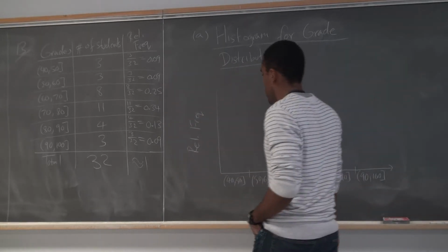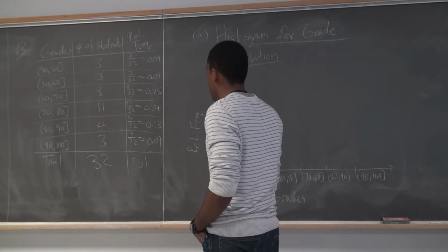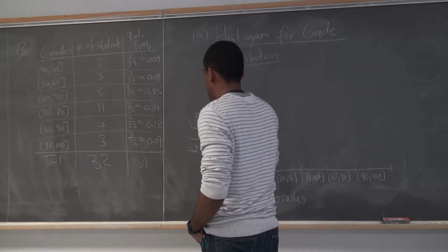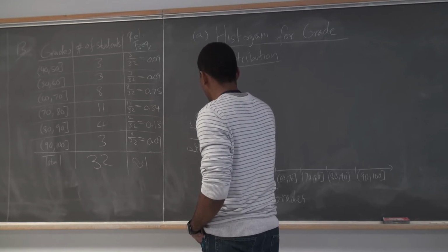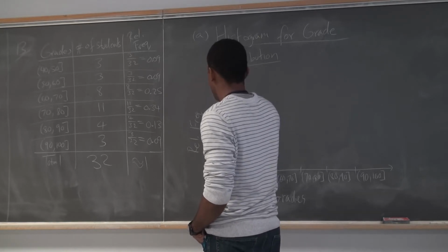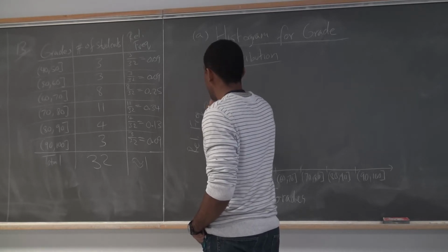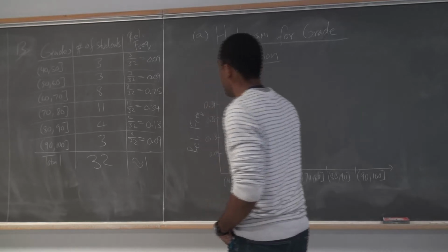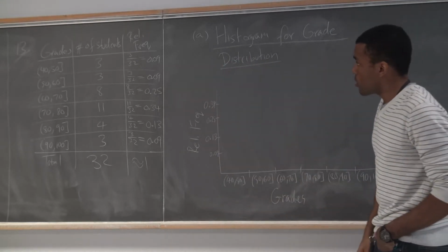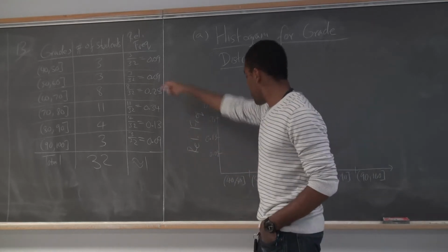So the first one is going to be like 0.09. Then you will have 0.13. Then you will have 0.25. Then you'll have 0.34. So in the 40 to 50, we have the 0.09. And the same thing for the 50 to 60.